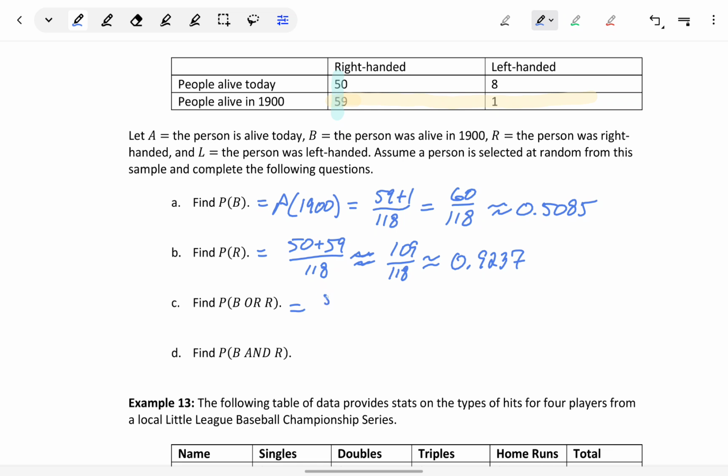So in this case, we would select the 50 people who are right-handed, plus the other 59 people who are right-handed, plus that one extra person who was alive in 1900 but left-handed. Because that or statement means we're happy with either of these two outcomes. So our probability would be 110 out of 118, or 0.9322.